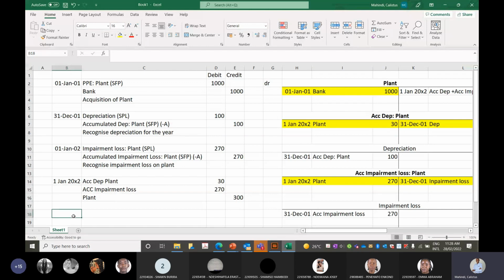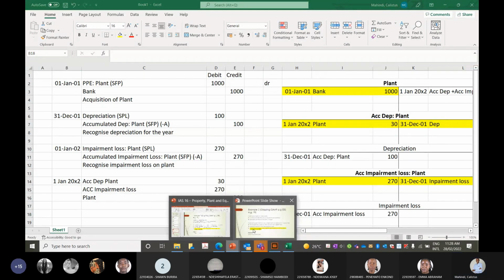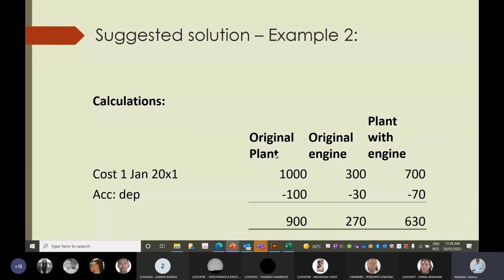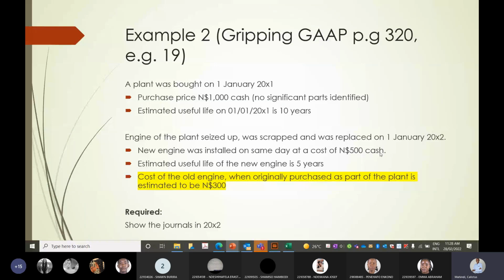and then the last journal entry will be to account for the new engine. Let's just go to the question. It tells us that the new engine was installed on the same day at a cost of 500. All right.